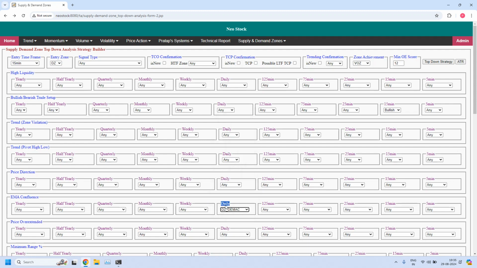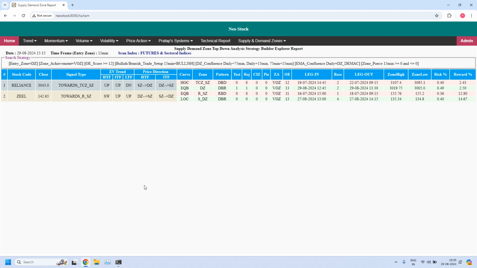Daily demand zone with daily EMA confluence is selected. Let's filter. So 2 stocks are filtered. Ignore the second one because the trend is sideways. In a sideways trend, we cannot look for EMA confluence. But Reliance's trend is uptrend. So Reliance's demand zone is a high probability trade setup. But it is recently tested, it seems.